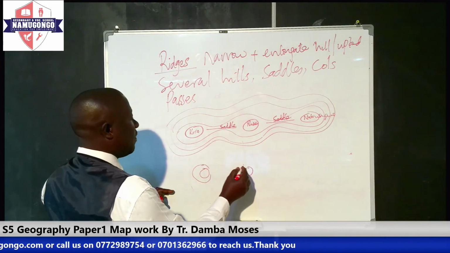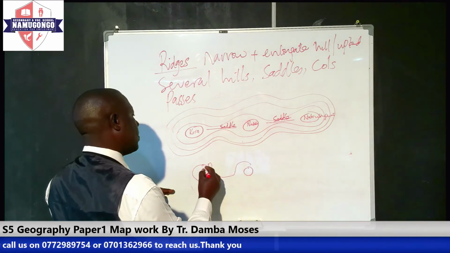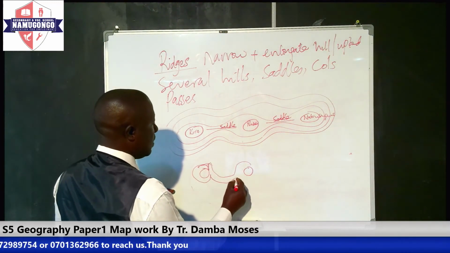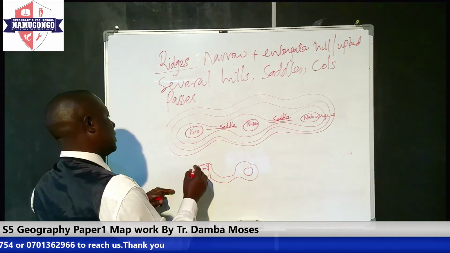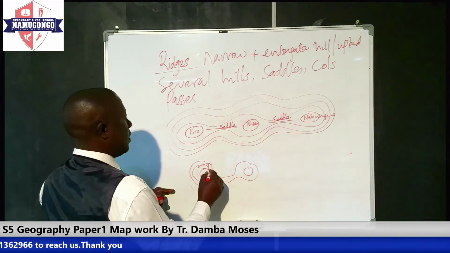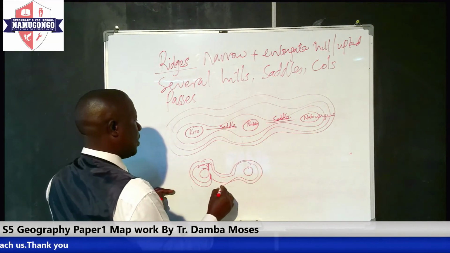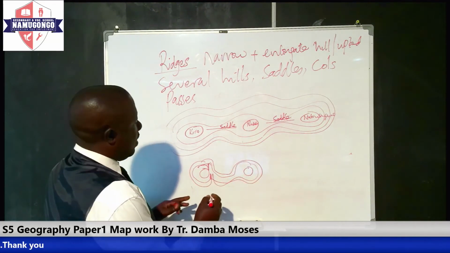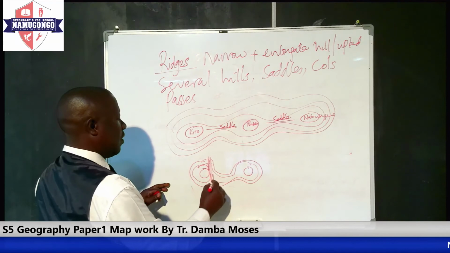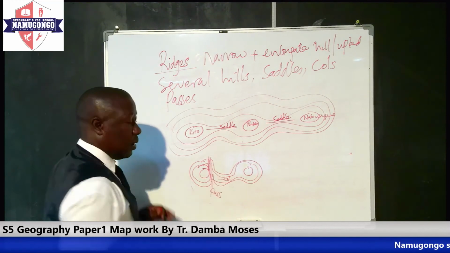And it is going to have this pass. So at this point, we have what we call a pass. And here we have a col.